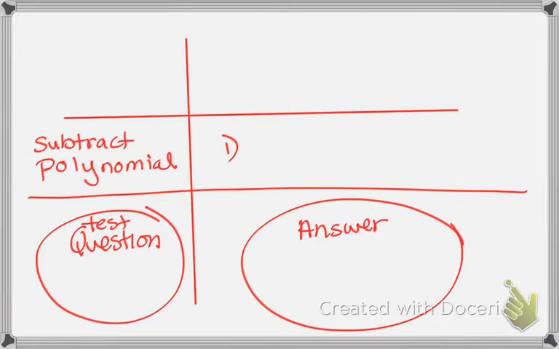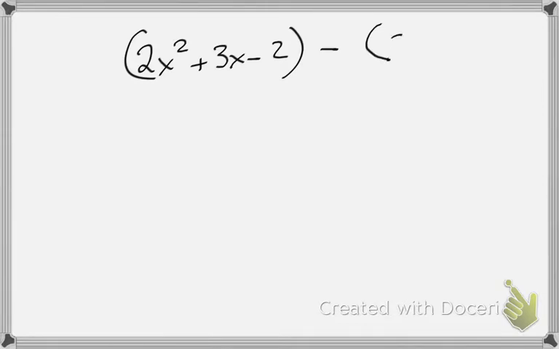Let's say I have 2x squared plus 3x minus 2, minus 5x squared minus 6x minus 1. Or actually, better yet, let me just do 2 terms, minus 1. If you're doing that, you still have to distribute first.